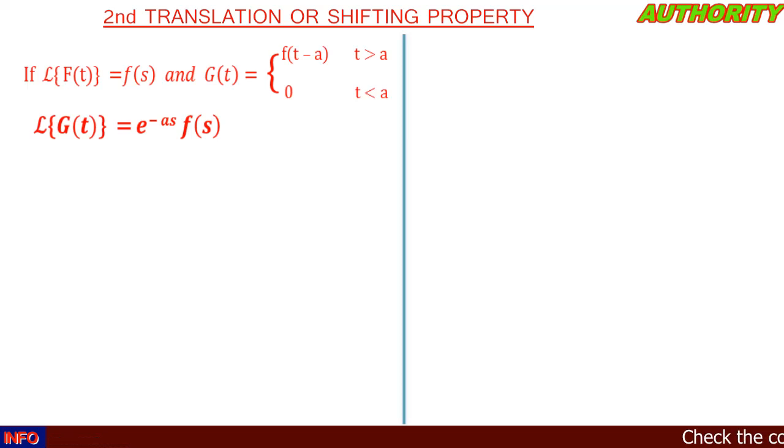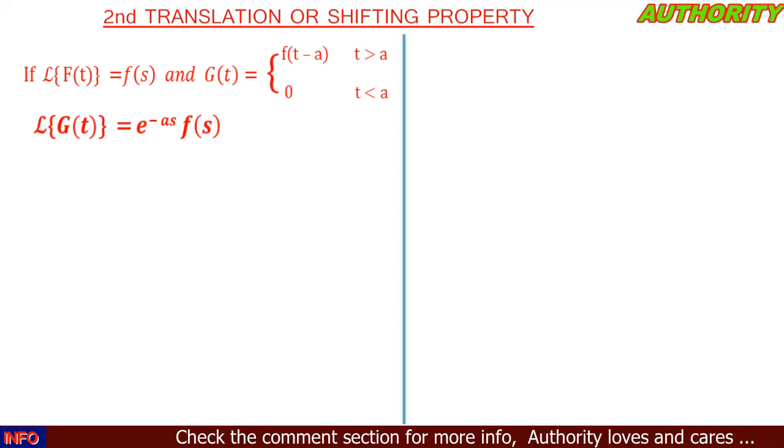Let's see what this property is talking about. So, what does this property state? It states that if the Laplace transform of a function f of t is equal to F of s, and g of t, now this is g of t, not the Laplace transform of g of t, but g of t is in two ways.